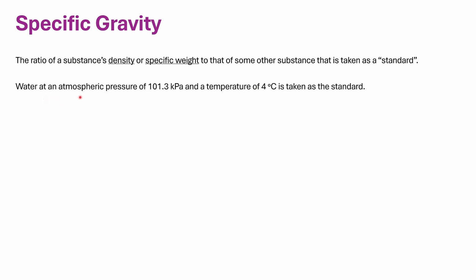Water at an atmospheric pressure of 101.3 kilopascals and a temperature of 4 degrees C is taken as the standard. The formula for specific gravity is S equals rho divided by rho W, which is also equal to gamma divided by gamma W.